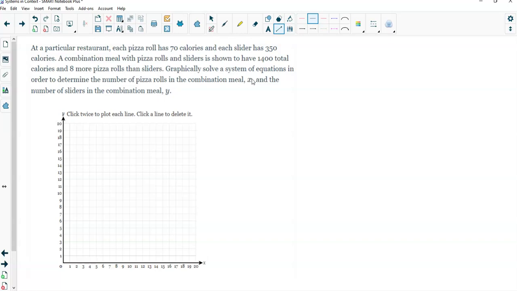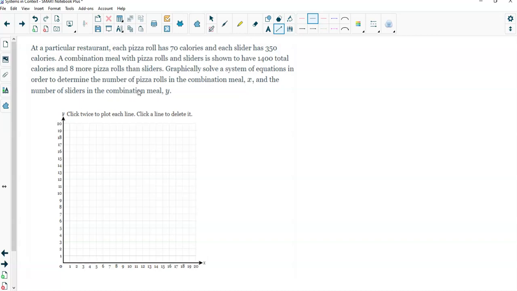Graphically solve the system of equations in order to determine the number of pizza rolls in the combination meal. Let X be the number of pizza rolls and Y the number of sliders in the combination meal. Okay, so X for pizza rolls and Y for sliders.